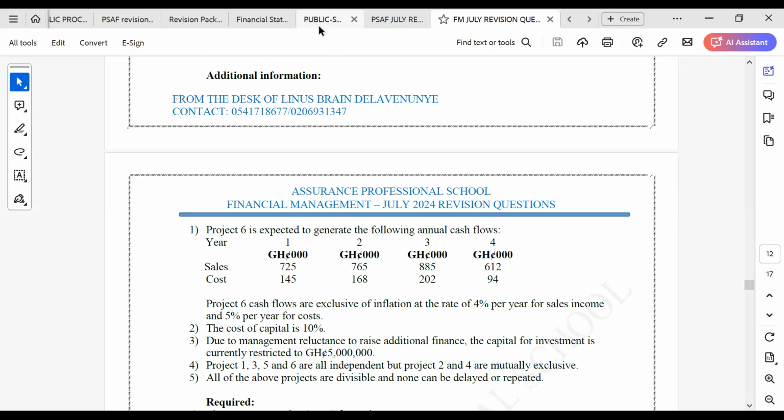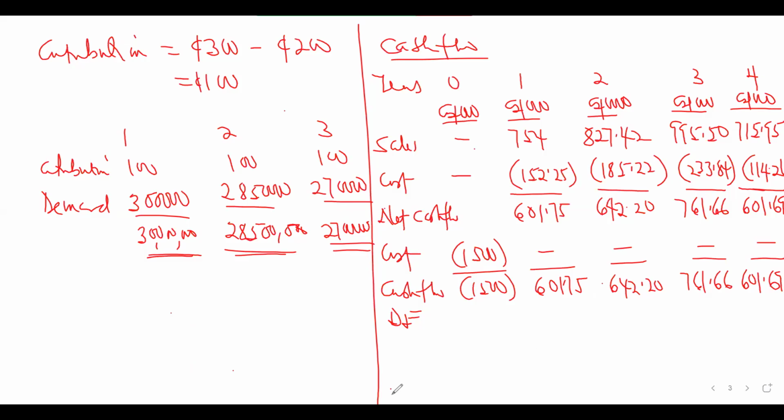So this is how, if they are talking about capital rationing, this is what they do. So we have the 10% here. So we have 1.00, 0.909, 0.826, 0.751, and the last one is 0.683.